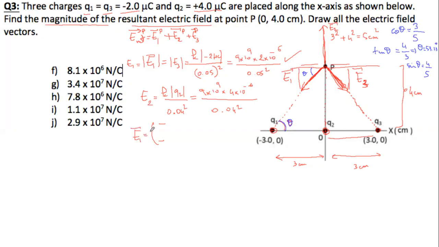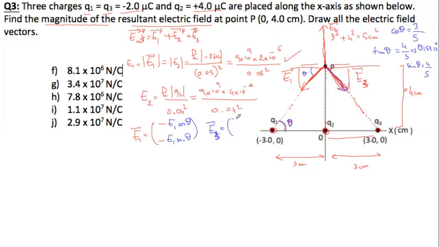Good. Now E1, what's the component of E1 along X? It will be the magnitude of E1 cosine the angle theta. What is the component of E1 along Y? It will be the magnitude of E1 sine the angle theta. What about E3? This E3 here.